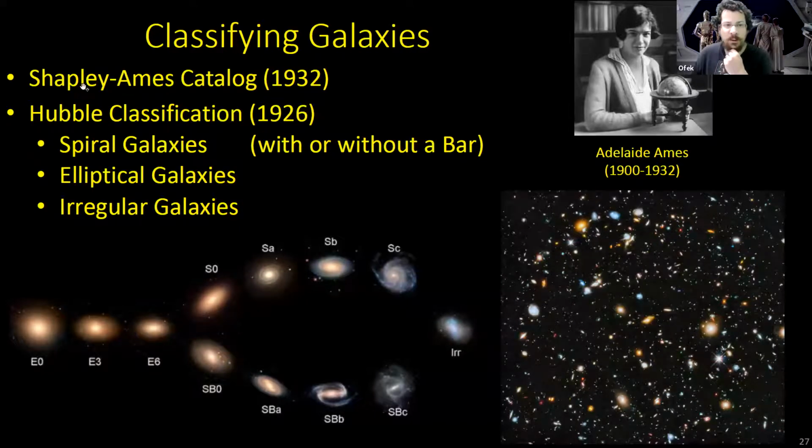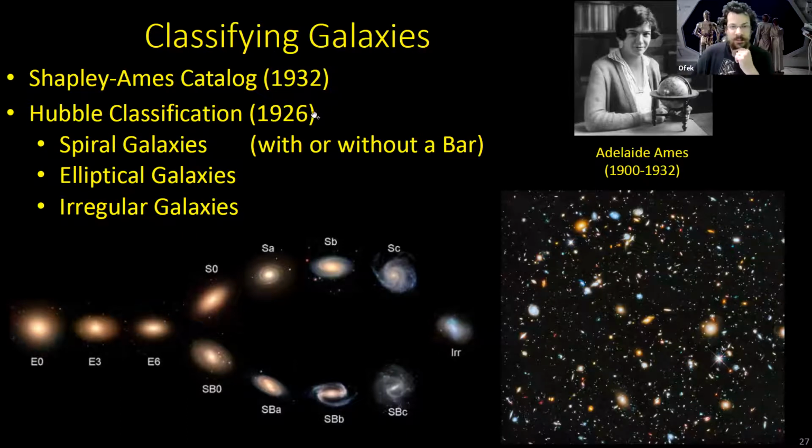The first one was called the Shapley-Ames catalog. Shapley we already talked about. Adelaide Ames is pictured here on the right. And that was a catalog basically trying to explain different types of galaxies and give some order so they won't all be in the same category. We can see some features and understand them a little better.